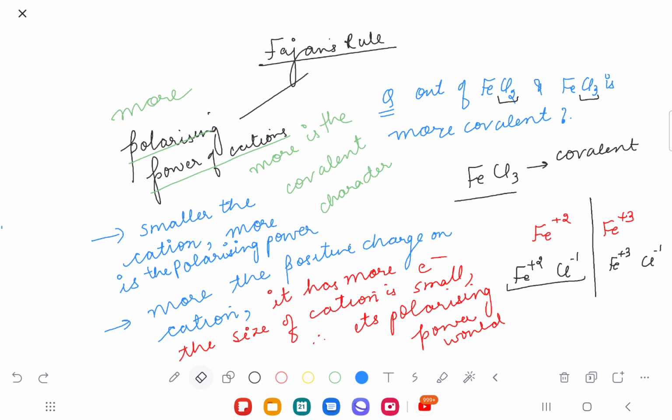Cations and anions attract by the forces of electrostatic attraction, because they lose electrons.